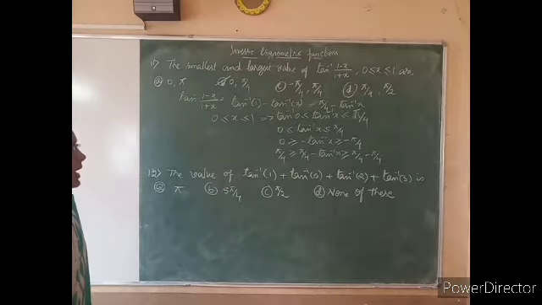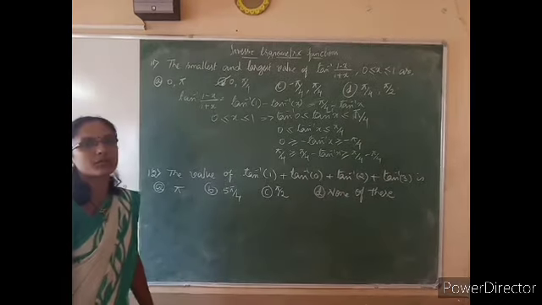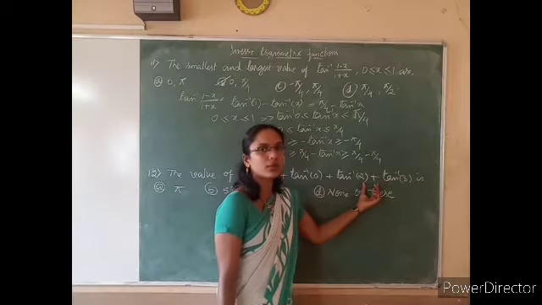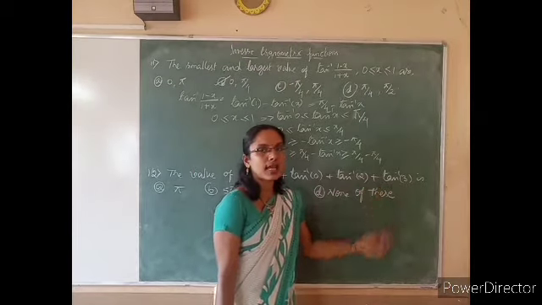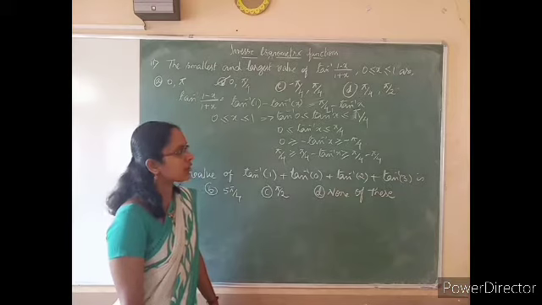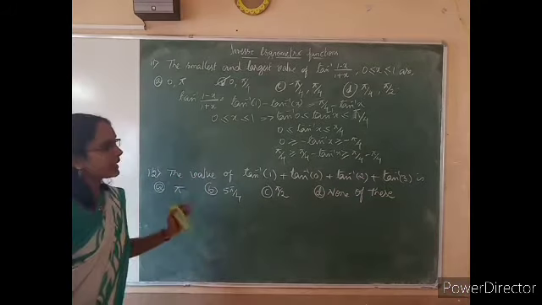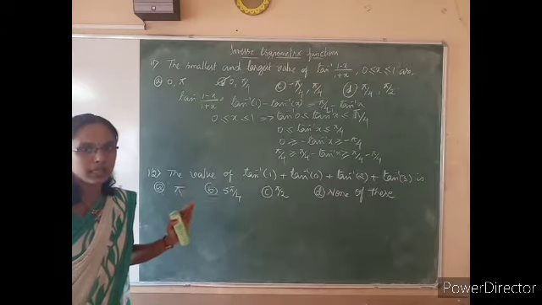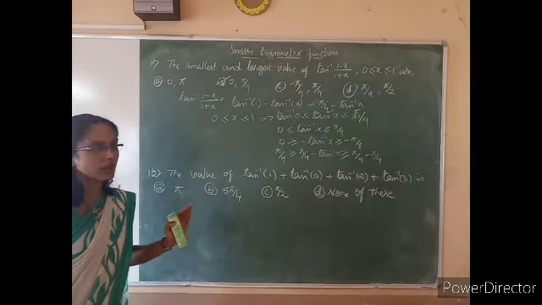Here, the value of tan inverse of 1 plus tan inverse of 0 plus tan inverse of 2 plus tan inverse of 3. So here you have to be careful. That is a result, that is tan inverse of x plus tan inverse of y is equal to tan inverse of (x plus y) divided by (1 minus xy). Actually that is the formula.